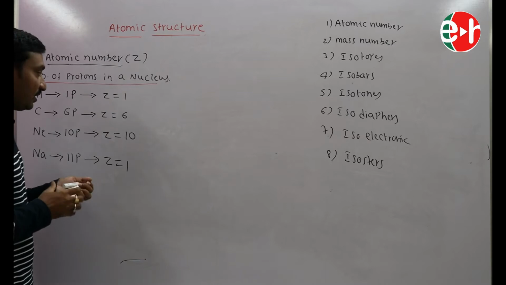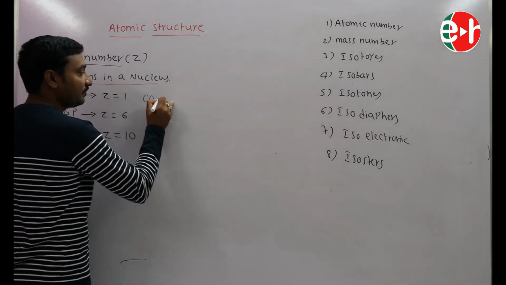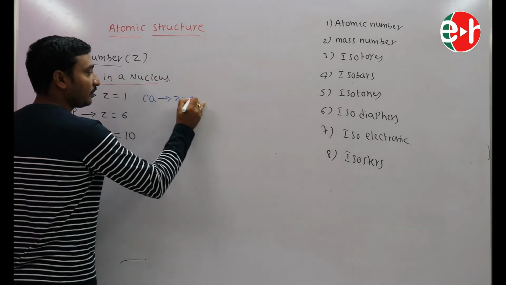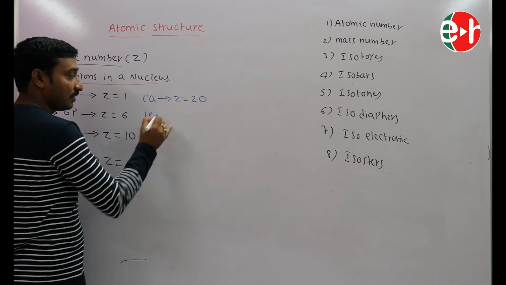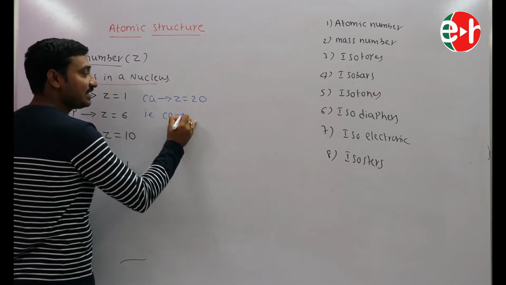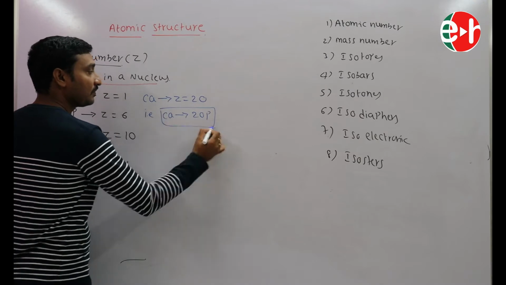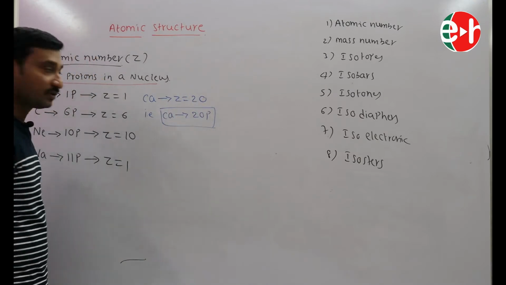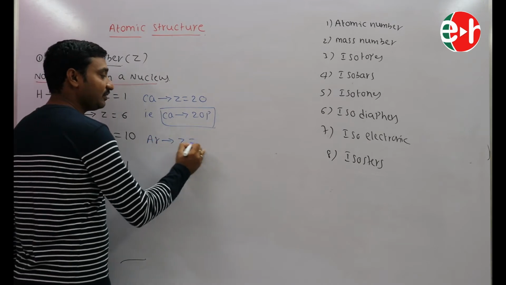For example, calcium atomic number 20. That means calcium has 20 protons in its nucleus. That's why atomic number 20. Argon atomic number 18.